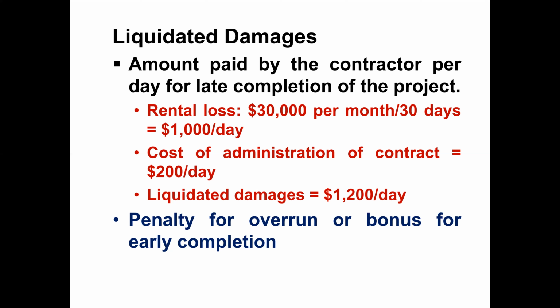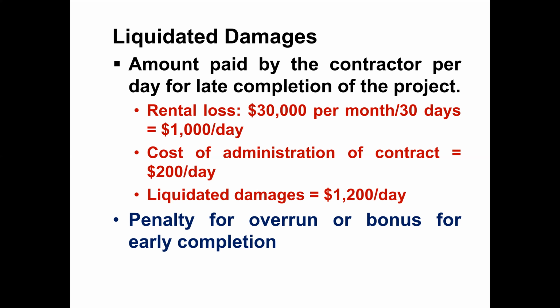If the contractor completes early, the contractor will get a bonus per day from the owner for handing over the project early. So the penalty and bonus clauses go side by side in some contracts. Not every contract has this clause, but liquidity damages are there in every contract.